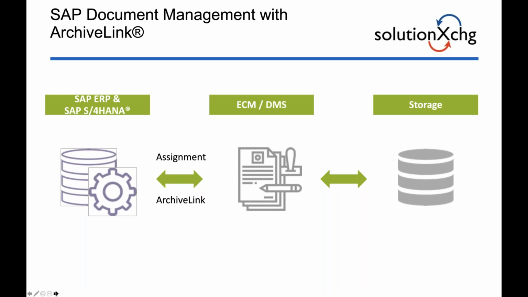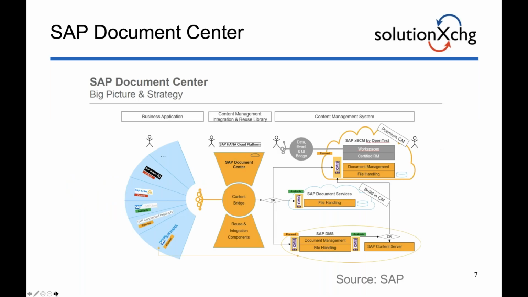So when document archiving moves to S/4HANA, things can change a little bit. I mean, you will still have the ArchiveLink connectivity to a content management or document management system if you choose to still use that.